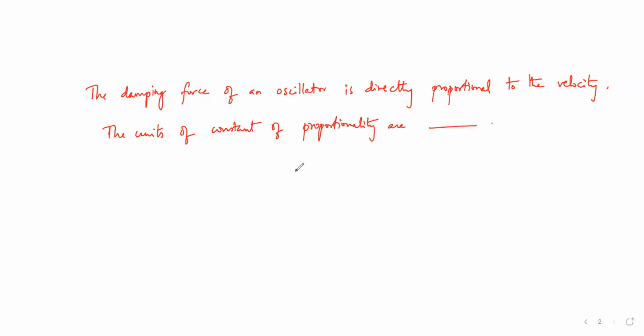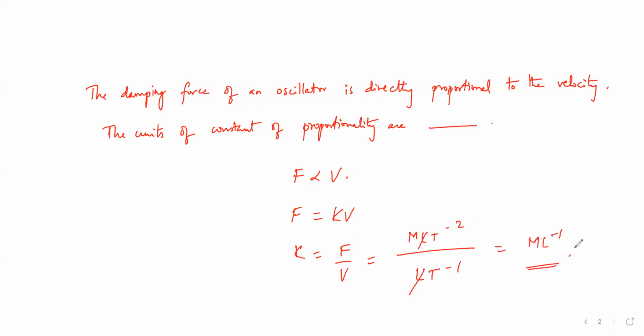Force is directly proportional to velocity. F is equal to, let us say, kV. K is equal to F by V. Force is MLT power minus 2, divided by velocity LT inverse. That is nothing but L cancelled out. ML inverse, sorry, MT inverse. MT inverse is nothing but kg per second, right?